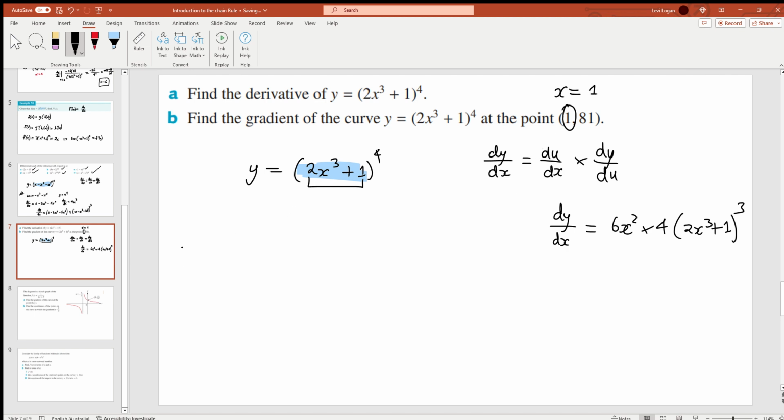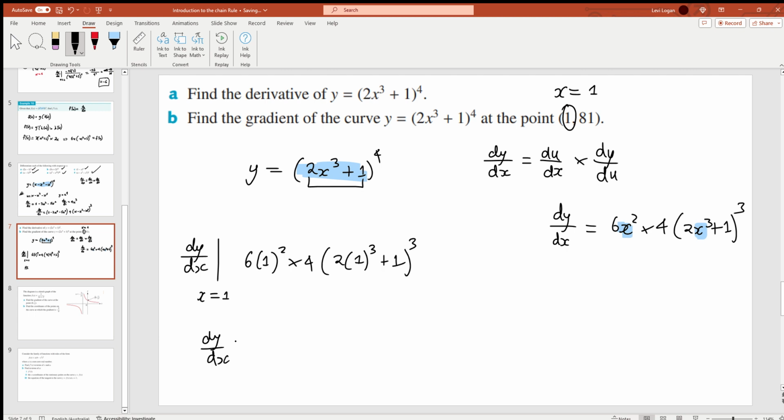So in other words, we're going to have dy dx when x equals 1. So substitute wherever there's an x, substitute pretty much with a 1. So what we're going to have is 6 times 1 squared times by 4 (2 times by 1 cubed plus 1) all cubed. So dy dx at x equals 1.